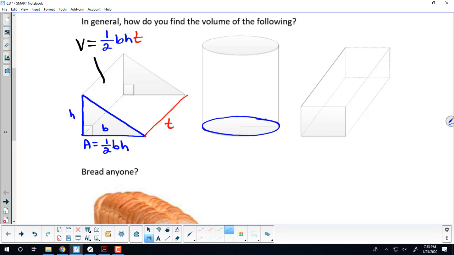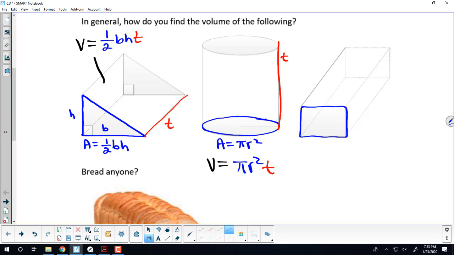So we find the area of that cross section, and then we multiply by its thickness. So our volume is pi r squared times t. And cross sections here are all rectangles. Let's call that length and width, and this again thickness.